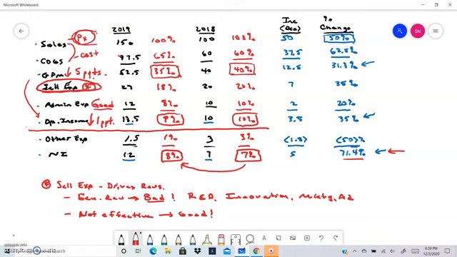And even at the net income level, the reason it is positive is because we reduced our other expense from 3 down to 1.5. And you would have to ask yourself whether that's a sustainable level. Maybe it may go back up to 3 in the future. What were those other expenses that we were able to cut? And is that going to continue to happen in the future?